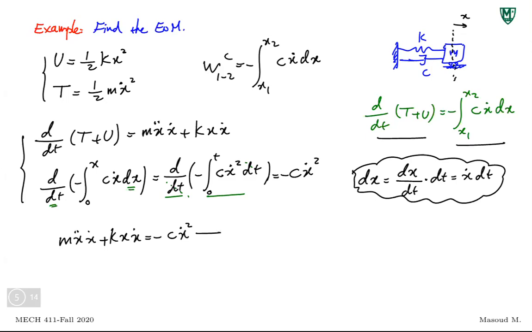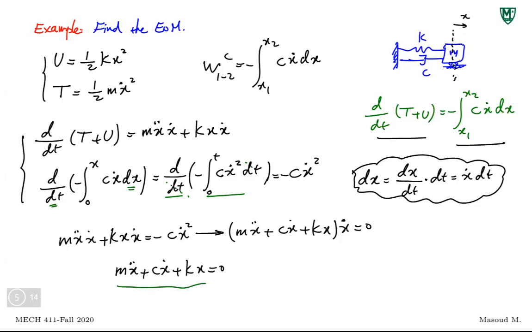I'll move things around and take x dot out again: x dot times (m x double dot plus c x dot plus k x) is equal to 0. And as before, I don't care about when x dot becomes 0, because then there is no motion in the system. I get nothing out of that. So the second factor is equal to 0, and that is the equation of motion. This is what we got from Newton's method.